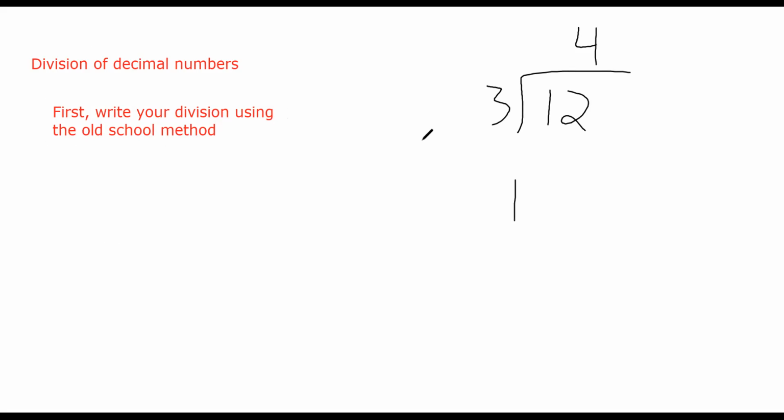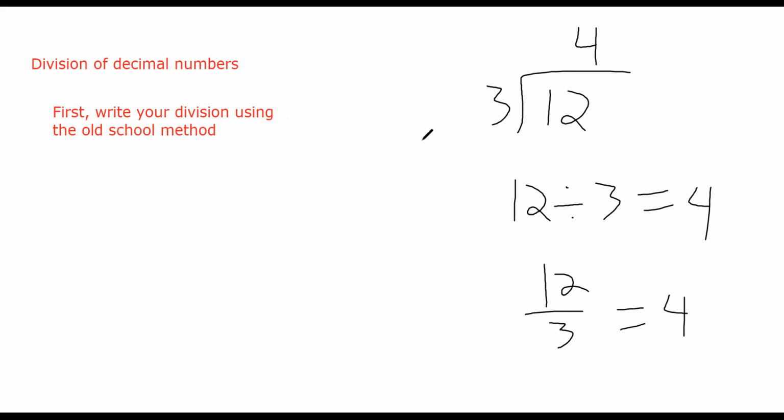That is equivalent to saying 12 divided by 3 equals 4, or 12 divided by 3 equals 4 written as a fraction. This is the old school way of doing division.